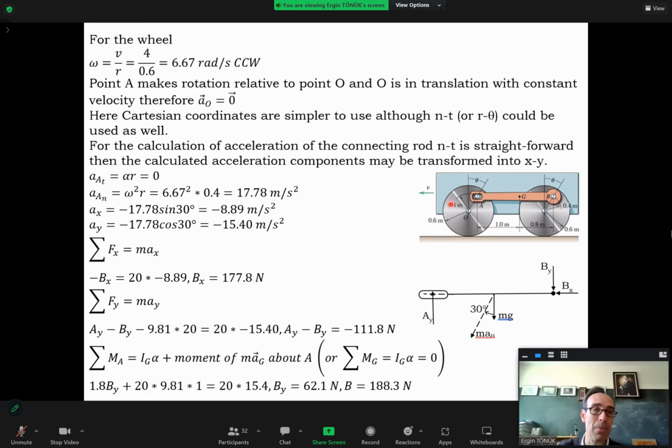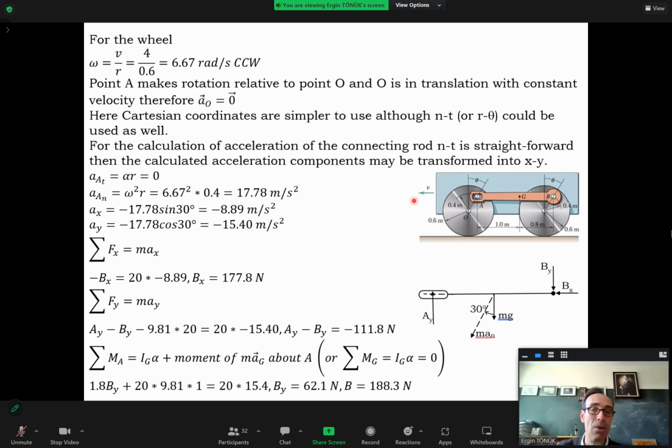So this is what we get. And since a_O is 0, which is also the acceleration of the vehicle, therefore, actually what we say was the velocity is constant.